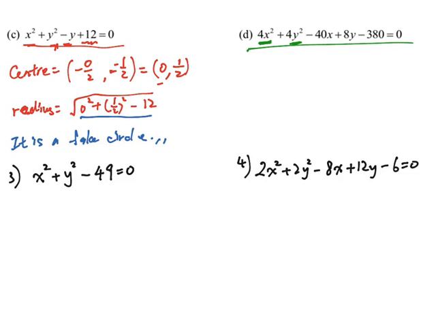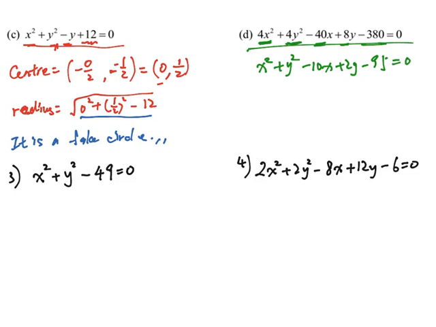So 4 divided by 4, it becomes x squared. 4 divided by 4, y squared. Negative 40 divided by 4, negative 10x. 8y divided by 4 is positive 2y. And 380 divided by 4 is equal to negative 95.